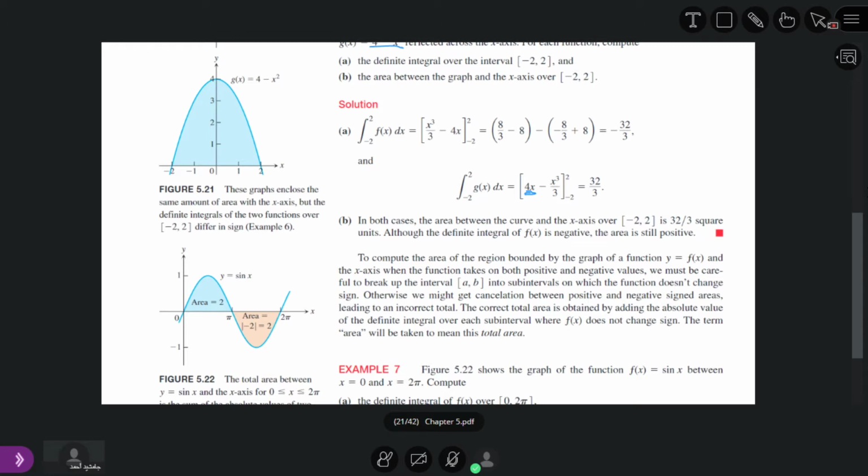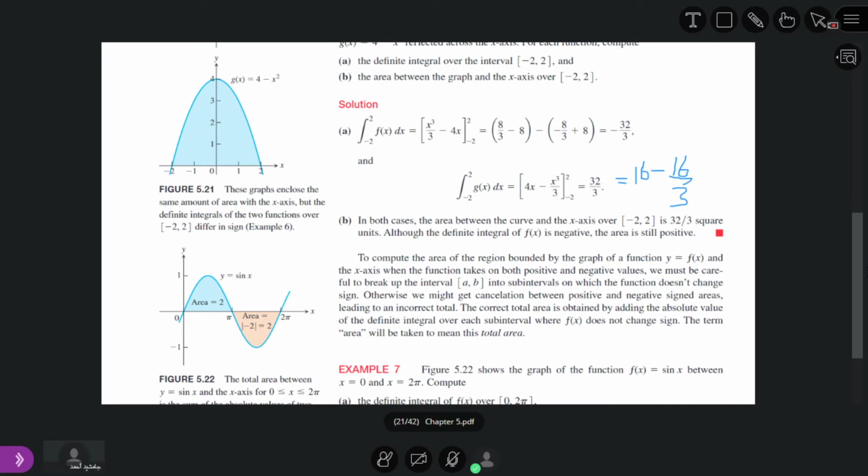So whenever we put the upper limit 2, it is equal to 8 minus 8 divided by 3. Doing the same with the lower limit, we get 16 minus 16 divided by 3.